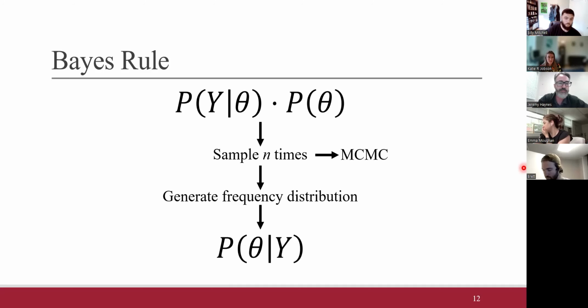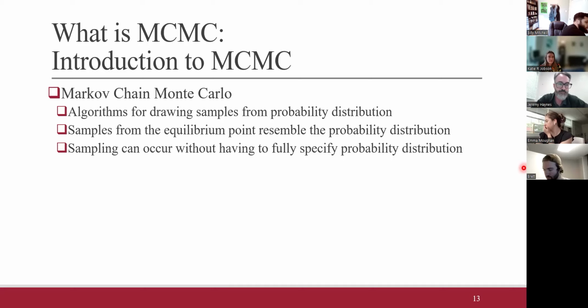All right, so let's transition into what MCMC is. I can never remember what the acronym actually stands for, so if I don't have these words in front of me, I will almost certainly screw it up. It's Markov chain Monte Carlo. MCMC is a very broad term. It just refers to a set of algorithms that we can use to draw samples from a probability distribution. For our purposes, we're really interested in drawing samples from the joint distribution.